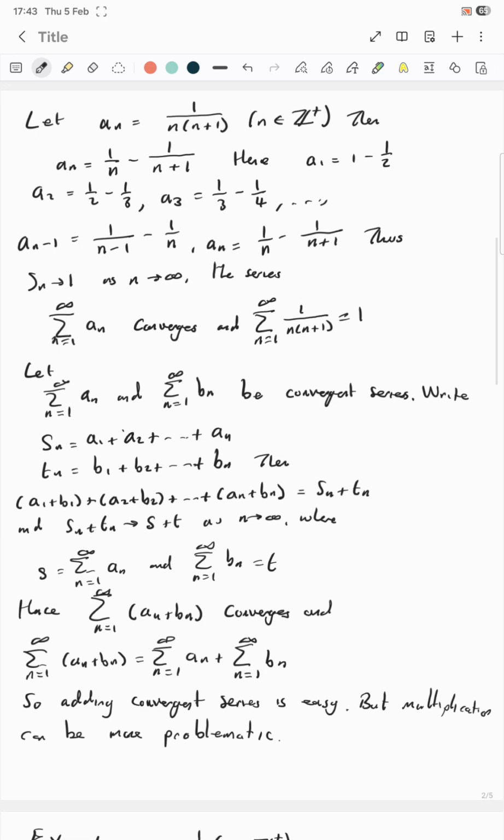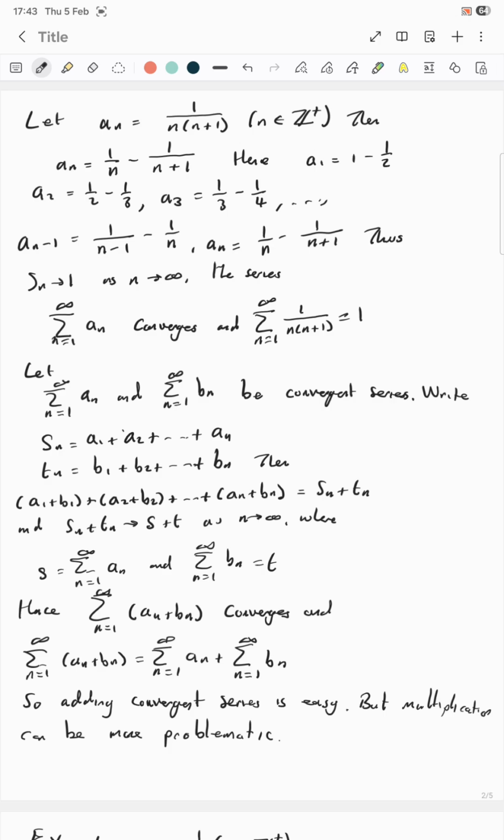And we'll let a of n equals 1 over n times n plus 1 for all n contained within the positive integers. Then a of n equals 1 over n minus 1 over n plus 1, hence a1 equals 1 minus 1 half, and a2 equals 1 half minus 1 third, a3 equals 1 third minus 1 fourth, and so on and so on.